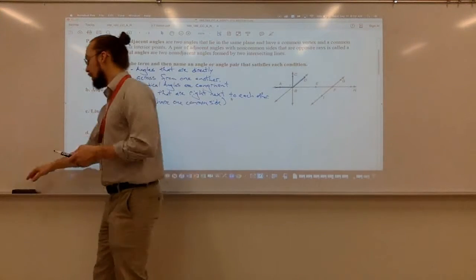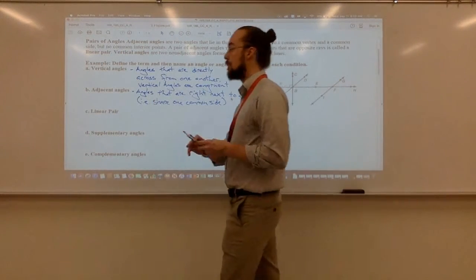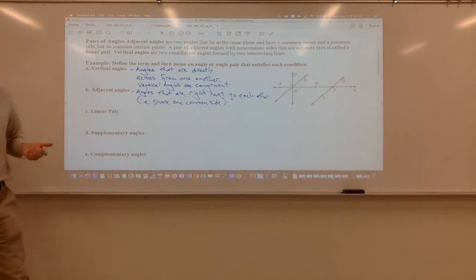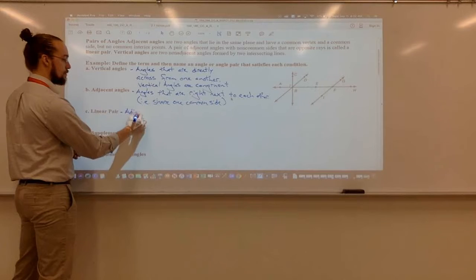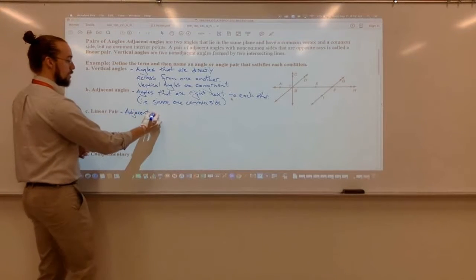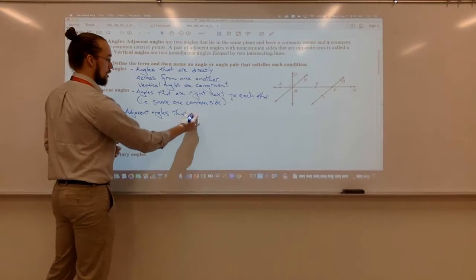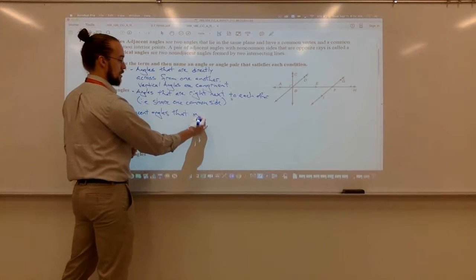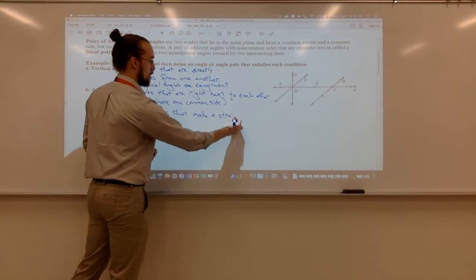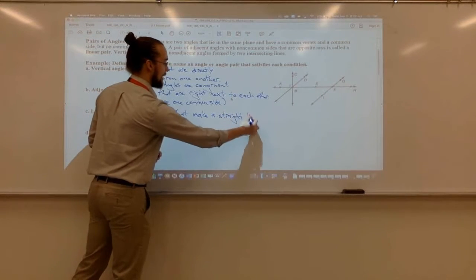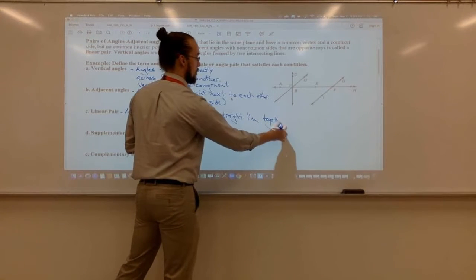A linear pair, then, is a special type of adjacent angles. So a linear pair is adjacent angles that make a straight line together.